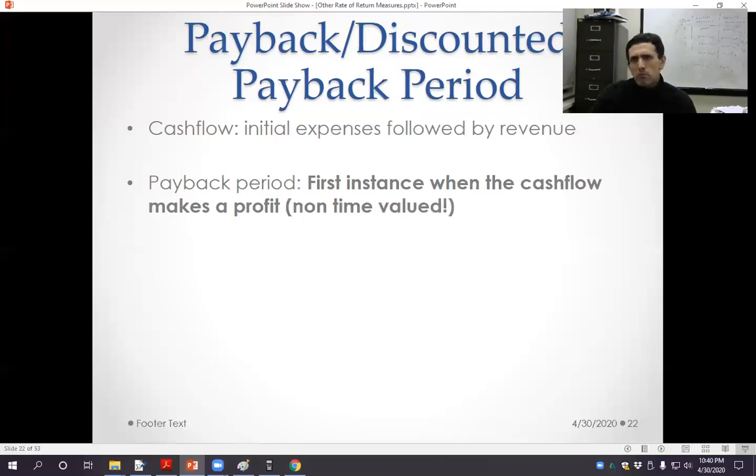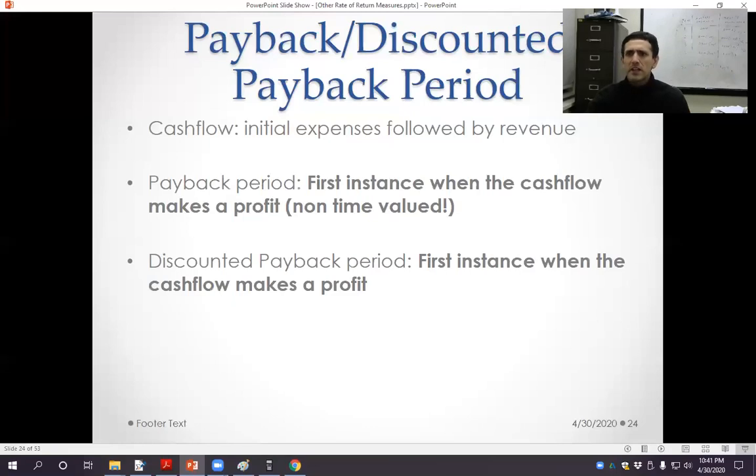What's more important and more realistic, though unfortunately not always do managers understand this, they should if they had any decent business sense, is the first instance when you make a profit taking time value into account. Because that's what's really most important.